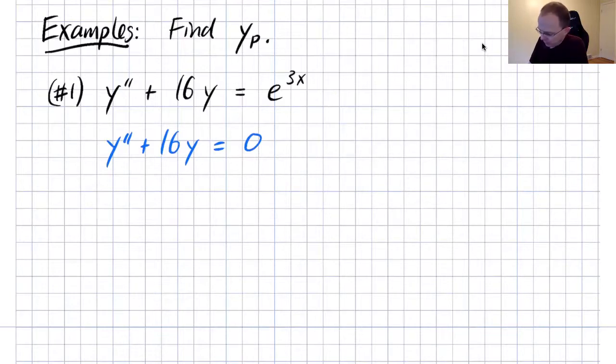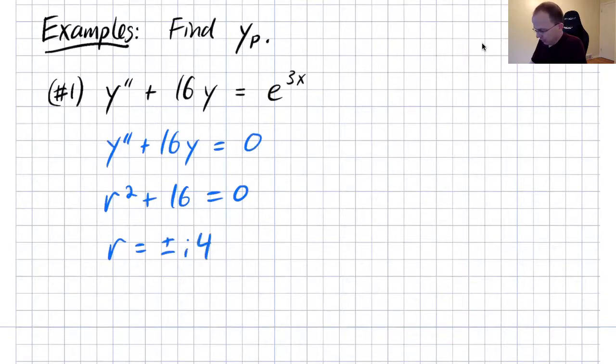So how do we do this? We write down the characteristic equation and find the roots, so we have plus or minus 4i.